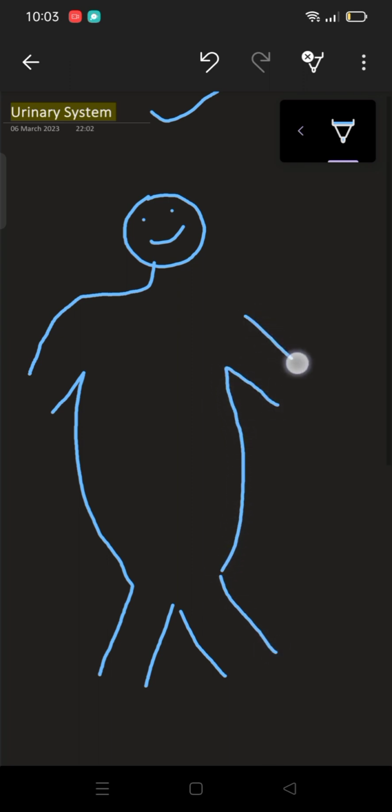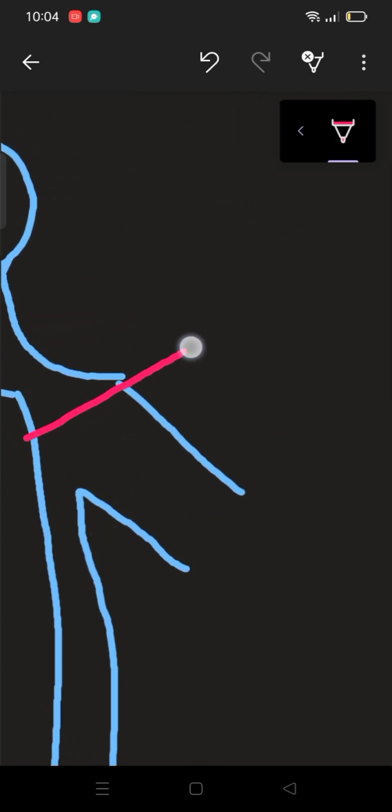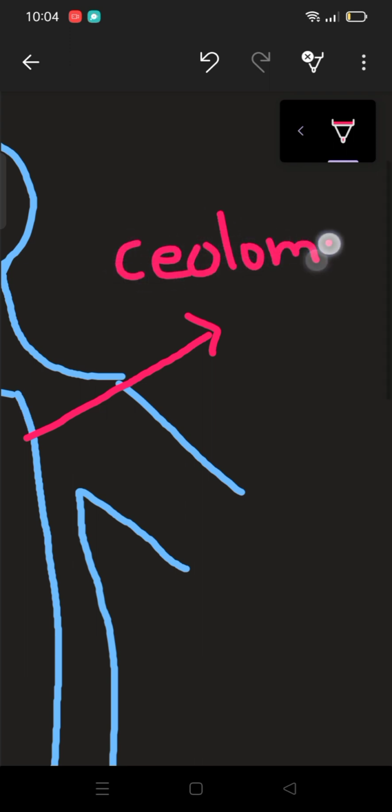Alright, so now human body is nothing but it is a hollow dome. So basically this cavity is known as coelomic cavity. Let me write here. This cavity is known as coelomic cavity.